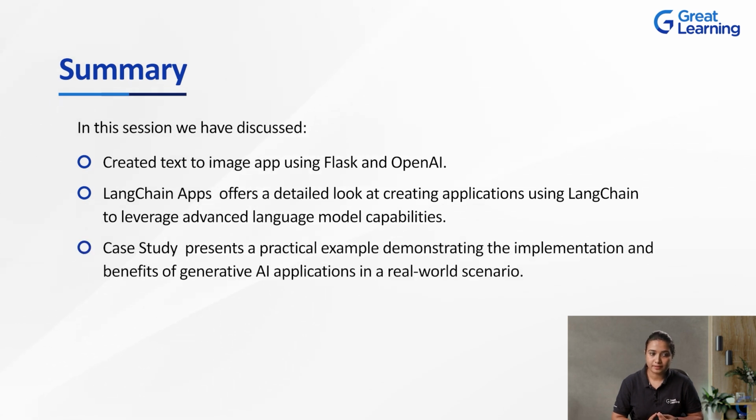We also had a practical case study, creating a personalized story generator by using the LangChain library of Python, combining that with OpenAI and connecting via API key. How do we integrate all of these to generate a personalized story generator?